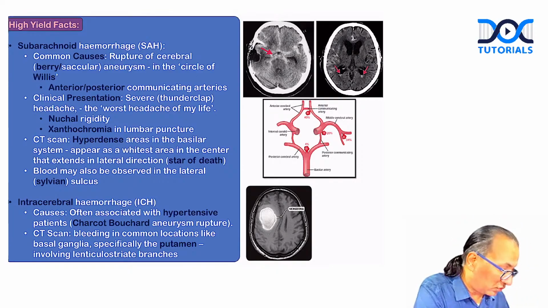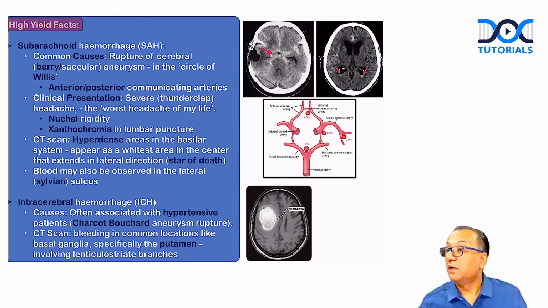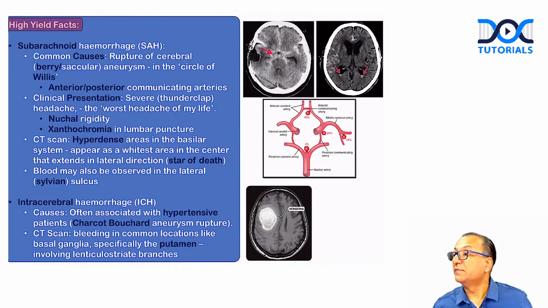Pseudo. It is mimicking the subarachnoid hemorrhage, but not due to actual bleeding. On CT, it may mimic. It could be diffuse cerebral edema or encephalopathy, meningitis, etc. If you take a CSF tap, it will be clear CSF, whereas in subarachnoid hemorrhage, there is xanthochromia.